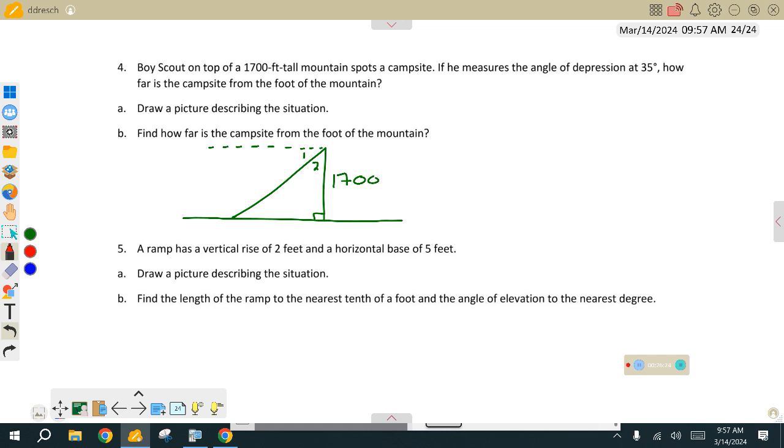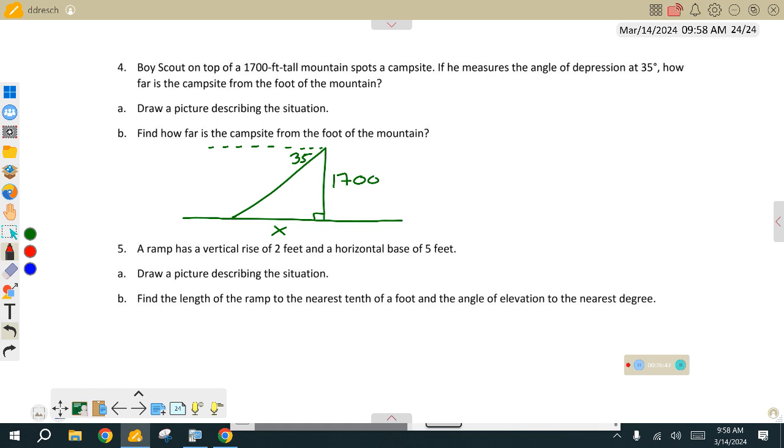Angle 1. Angles of elevation and depression are always built off of what? A horizontal. So it's going right underneath the horizontal. How far is the campsite from the foot of the mountain? There's my X. Okay. We got a right triangle. We got some labels.